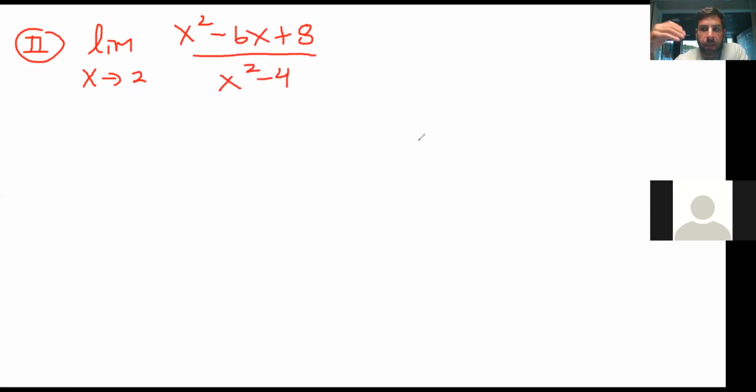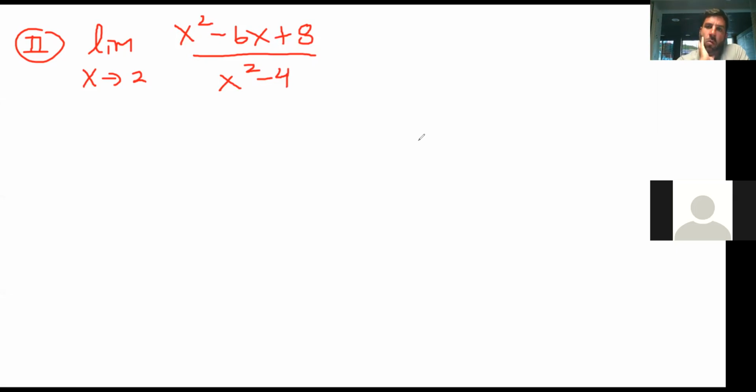Now, if I try to play the same game, I run into a wall, because if I plug 2 in there, I end up dividing by 0, which we know is undefined, and we know makes 0 sense, pun intended.